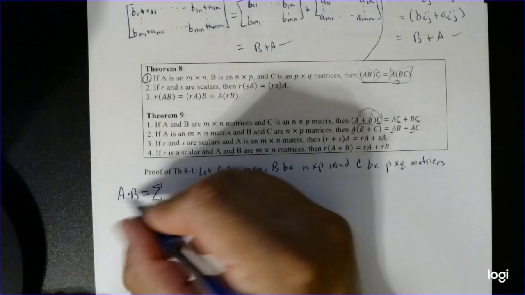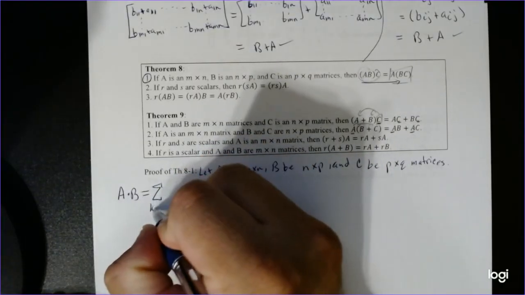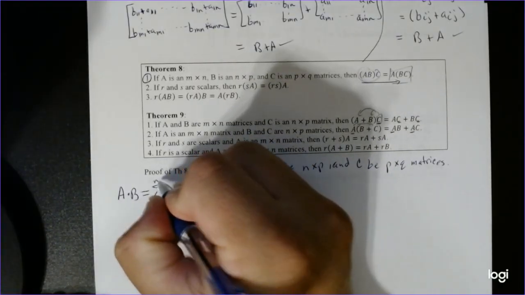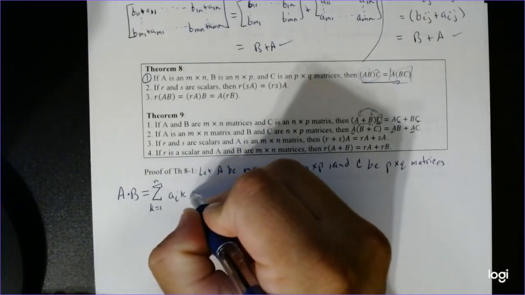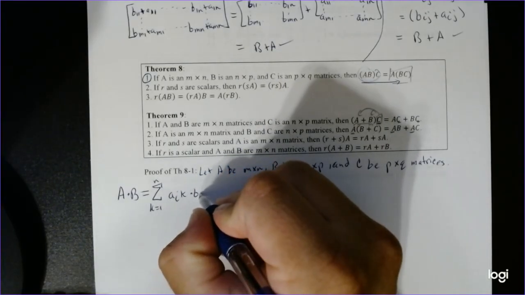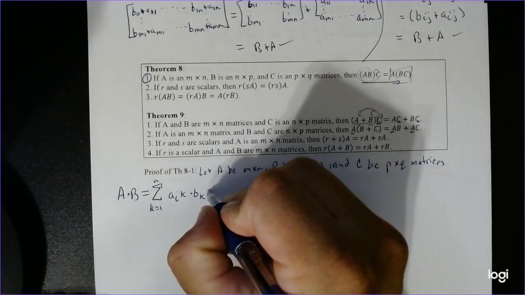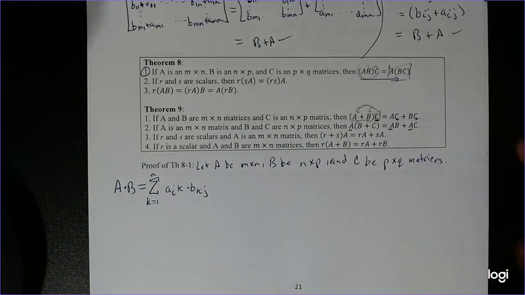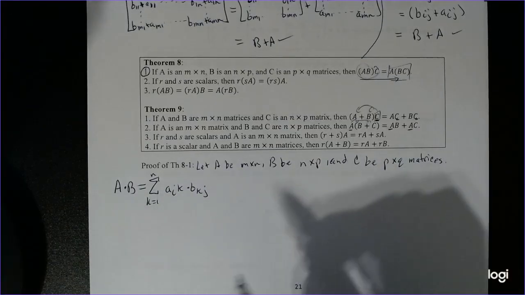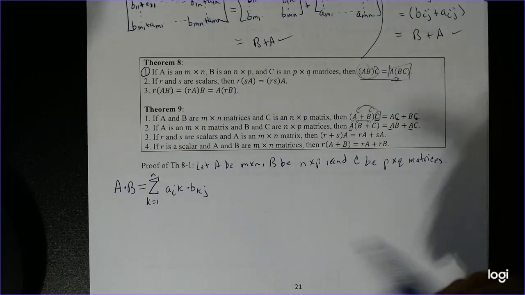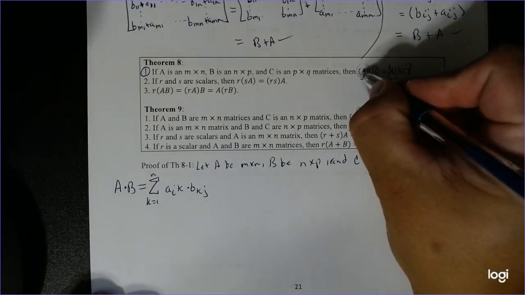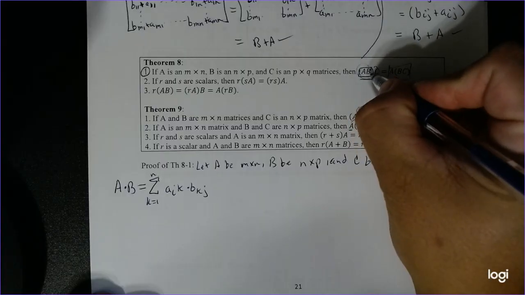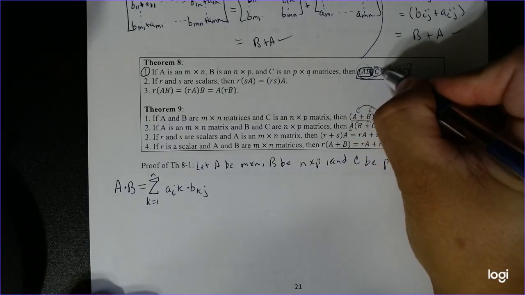So it's the sum, right, because we add the results together of the multiplication of the entries. So that's the definition of matrix multiplication, right, the actual sum of it. Okay, so that's A times B. So this is what's in the parentheses. Okay, so now we're going to multiply by C.